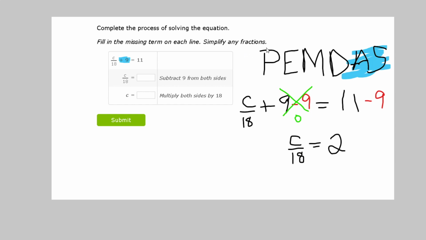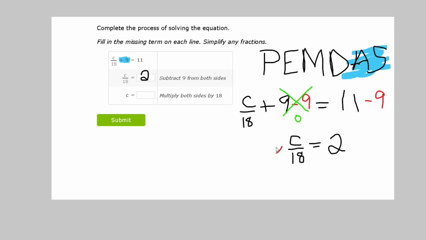Now from here, we have another one-step equation. So we subtracted 9 from both sides. That left us with c over 18 is equal to 2. Now we need to multiply both sides by 18. That's because we're dividing c by 18.